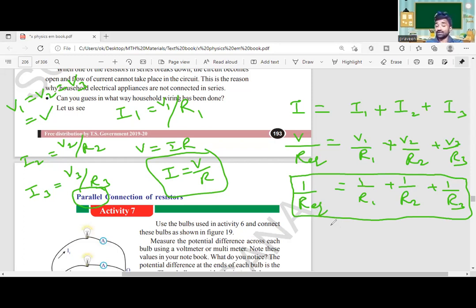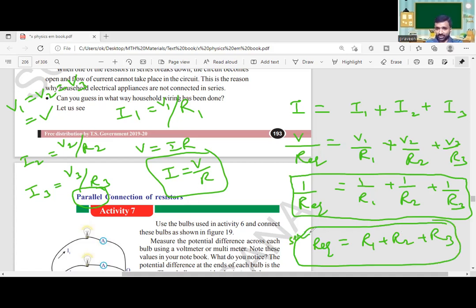So you have a definition also here: equivalent resistance in parallel combination, equivalent resistance in series combination. So that too I am writing here. This is in series combination, and this is in parallel combination.